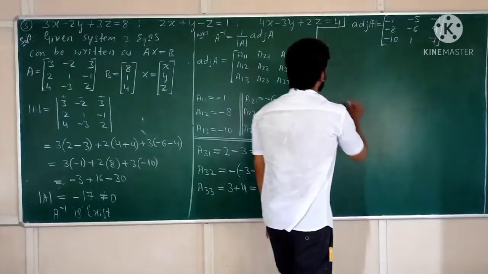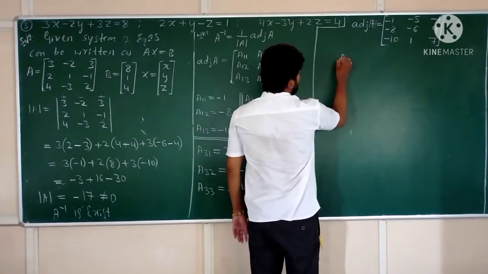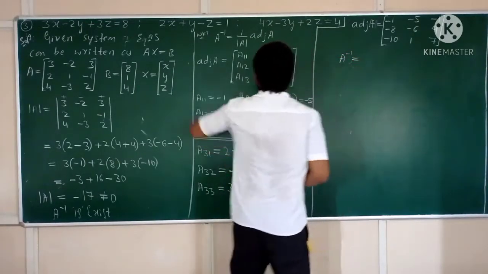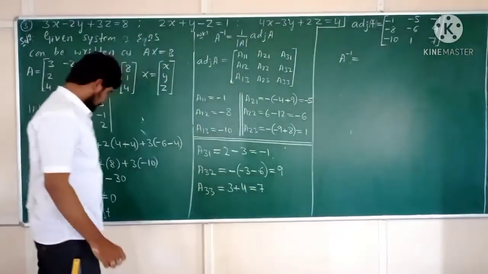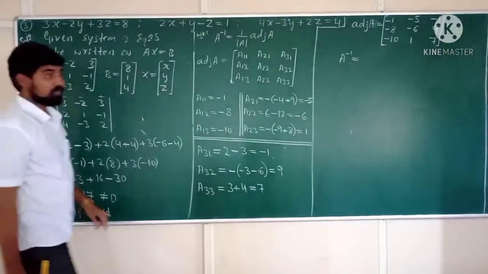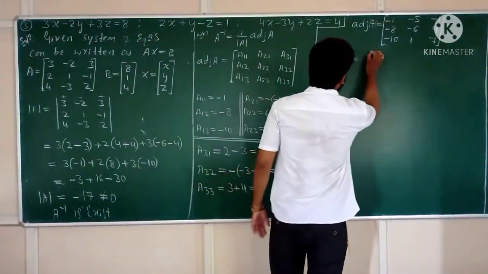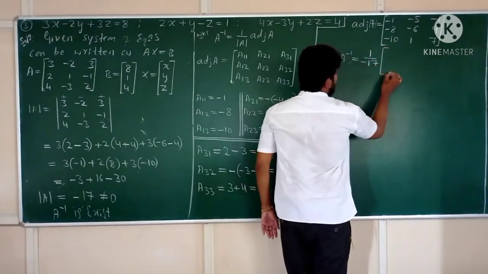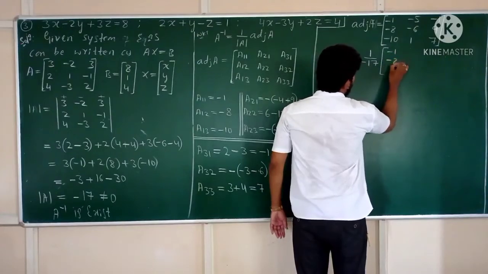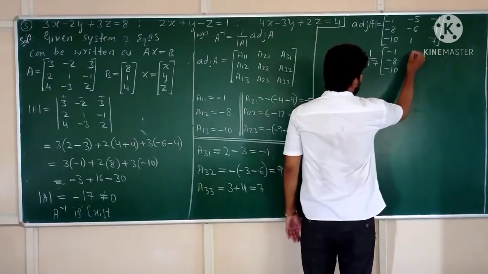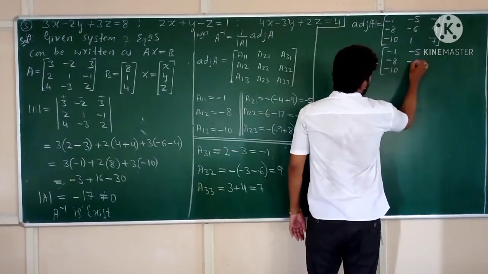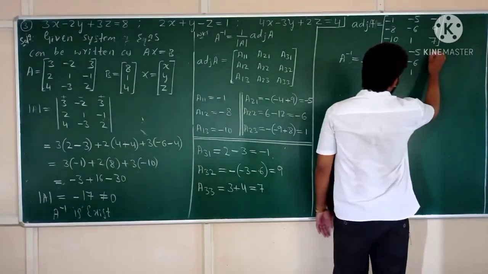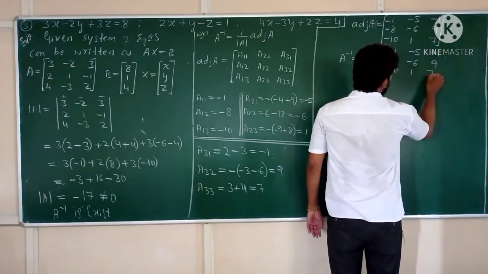Hence, A inverse is equal to 1 divided by the determinant of A, which is 1 divided by minus 17, into the adjoint of A: minus 1, minus 8, minus 10, minus 5, minus 6, 1, minus 1, 9, 7.